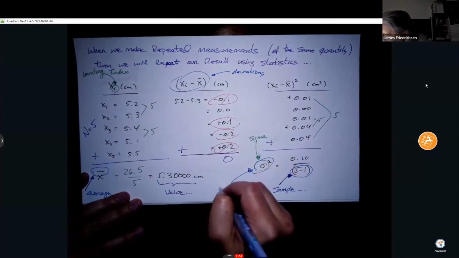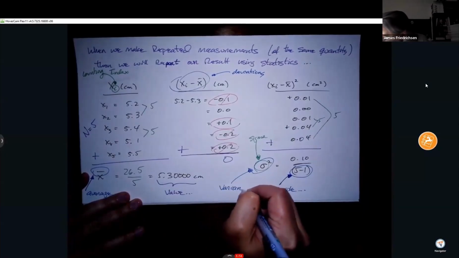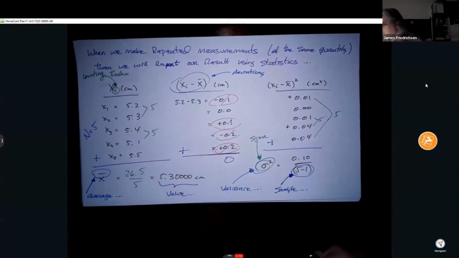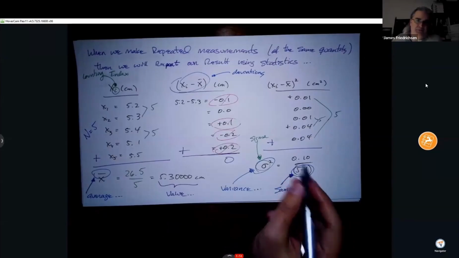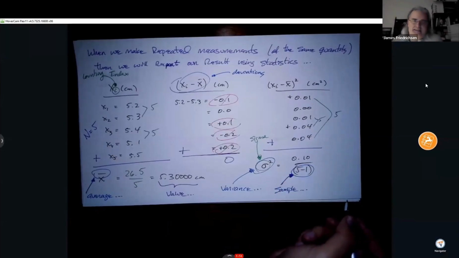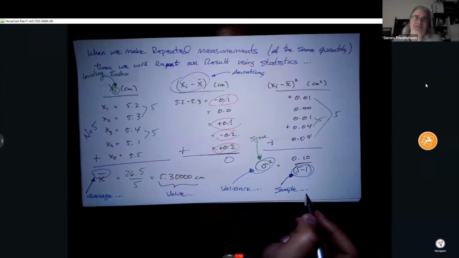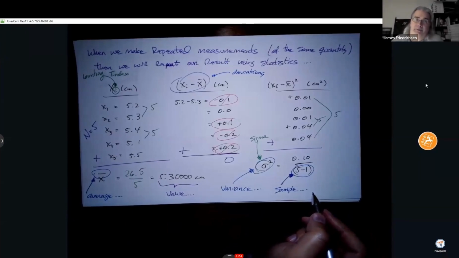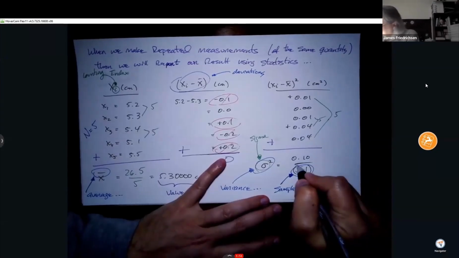Now, if you've had stats, you're probably having a stroke right about now, because in statistics, they use the pretty symbols for the population statistics and the unpretty ones for the sample. But the thing is, we only ever have a sample. We never have a population. So we use the pretty symbols for the sample instead of the population.